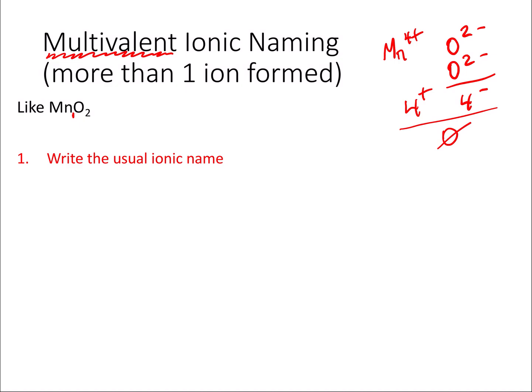And when I learned this trick about oxidation states, I was able to figure out the formulas for ionic compounds. You can always figure out the formulas for ionic compounds if you know what the charges are, right? Helps you along. So we say manganese yada oxide, except which manganese are we talking about?